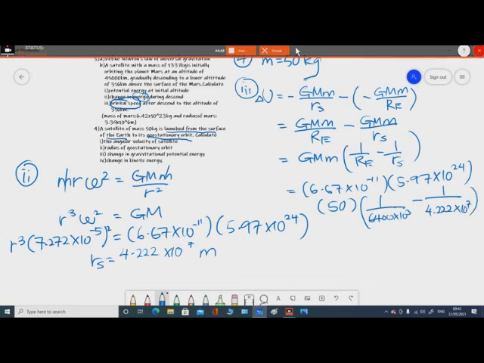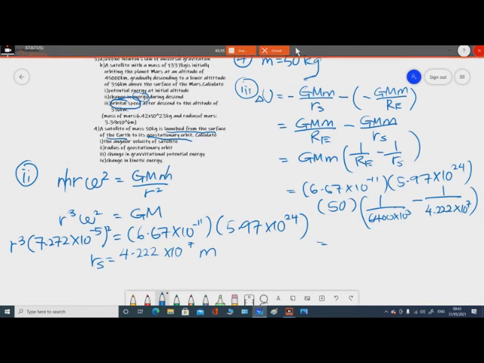So this will be our final answer, which is negative 6.67 times 10 to the power of negative 11, times 5.97 times 10 to the power of 24, times 50, times the bracket 1 over 6400 times 10 to the power of 3 minus 1 over 4.222 times 10 to the power of 7.